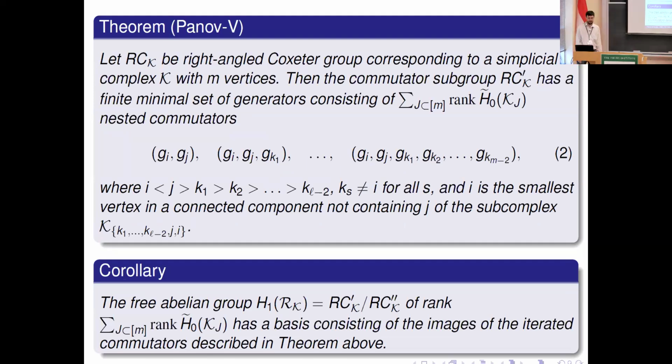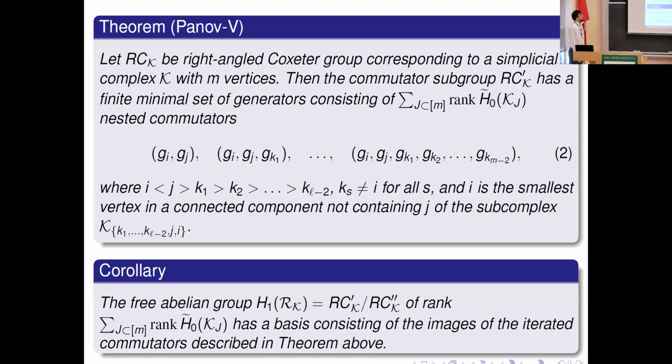Then the commutator subgroup RC_K' has a finite minimal set of generators consisting of nested commutators like this, where i is less than j and more than k1, more than k2, and so on, more than k_(l minus 2), and i is not equal to all k's.